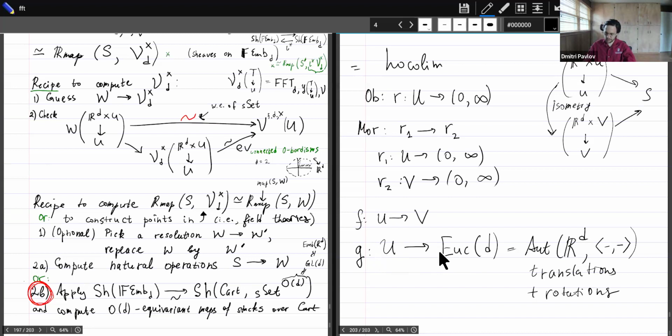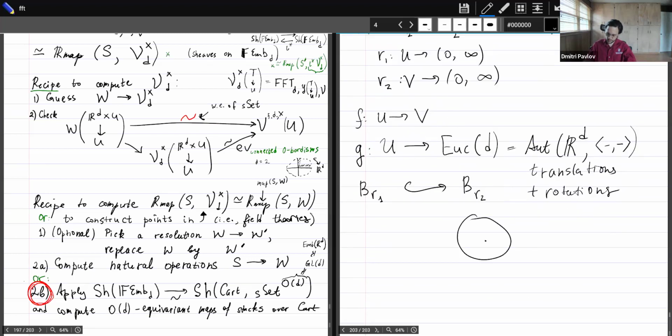So G, an element in the Euclidean group, tells you how a ball of radius R1 embeds into a ball of radius R2. What you do is you look at the ball of radius R2, which is here the coordinate system maybe, and to embed a ball of radius R1 into it, first you have to tell me where the origin goes. That's the translation part.